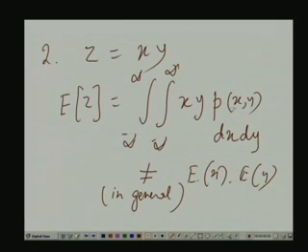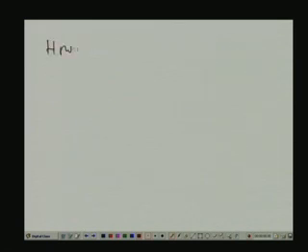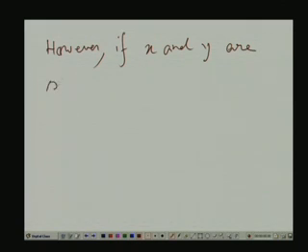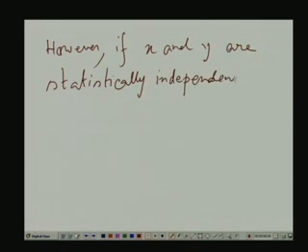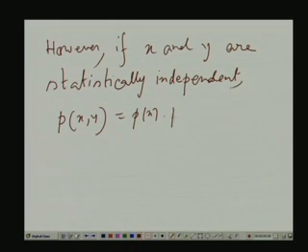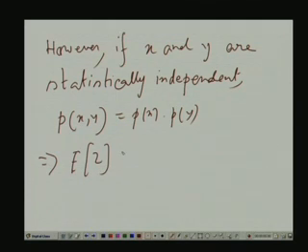If they are statistically independent, then the joint density, sorry, P of x comma y is nothing but Px into Py. That is, however, this is very simple.